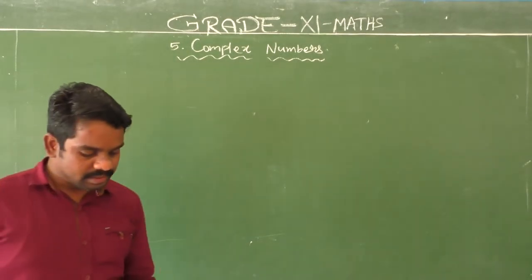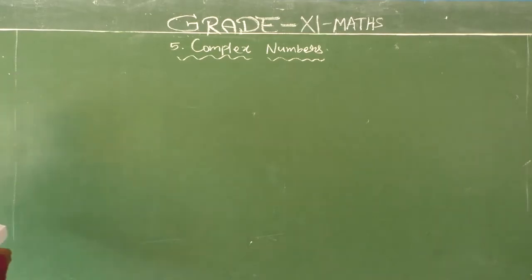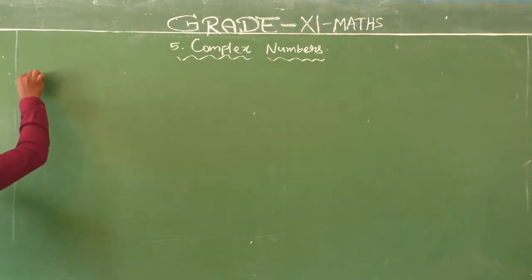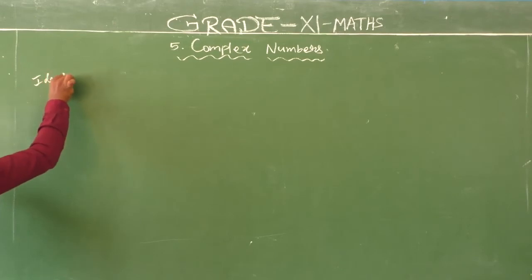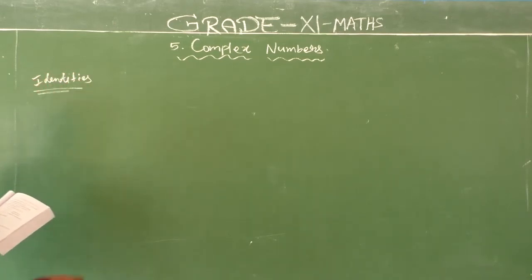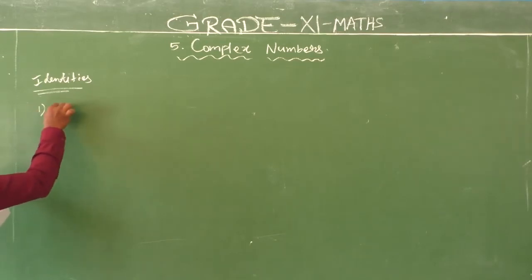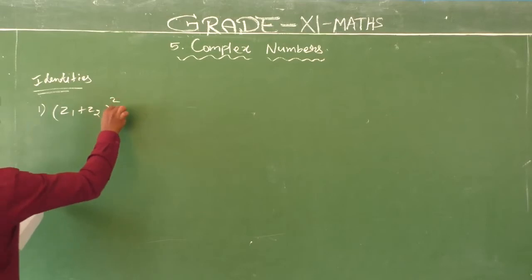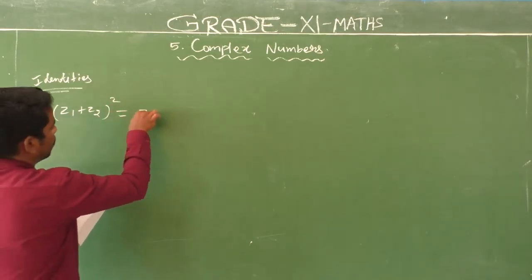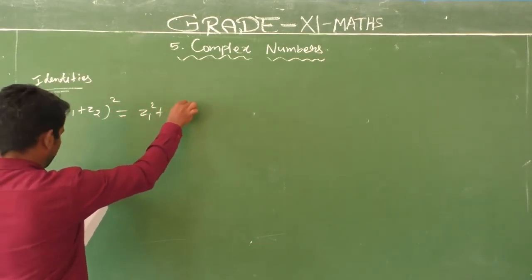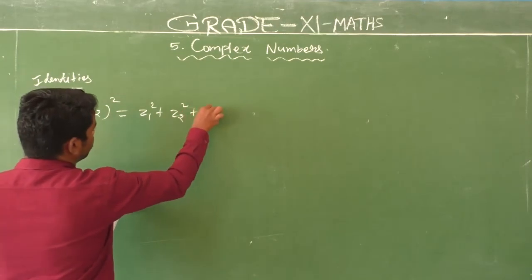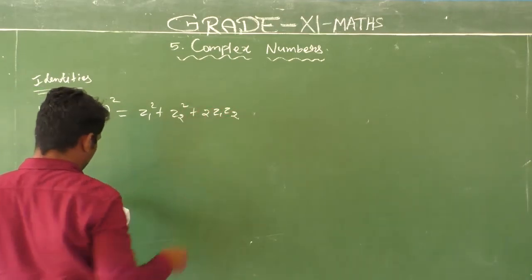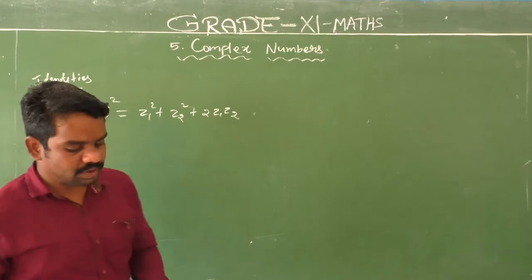Next, identities. To prove the following identity. First one, Z1 plus Z2 the whole square is equal to Z1 square plus Z2 square plus 2 Z1 Z2, for all complex numbers Z1 and Z2.